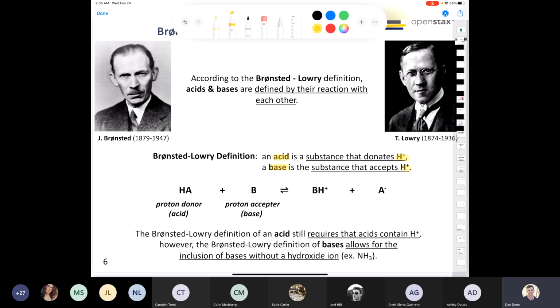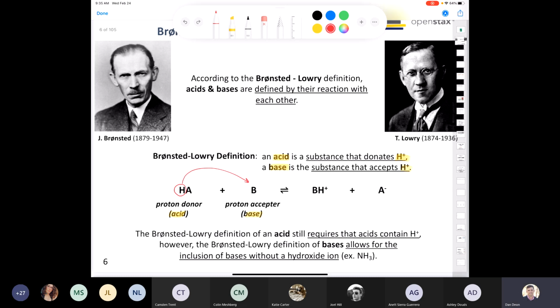Okay, so if we look at this generic reaction right here, we have an acid and a base. The acid has a proton. The acid is a proton donor. Where's it going to donate the proton to? Well, there aren't many places to give it, right? So it's going to give the proton to the base. Now you end up with BH+. Why is it BH+?